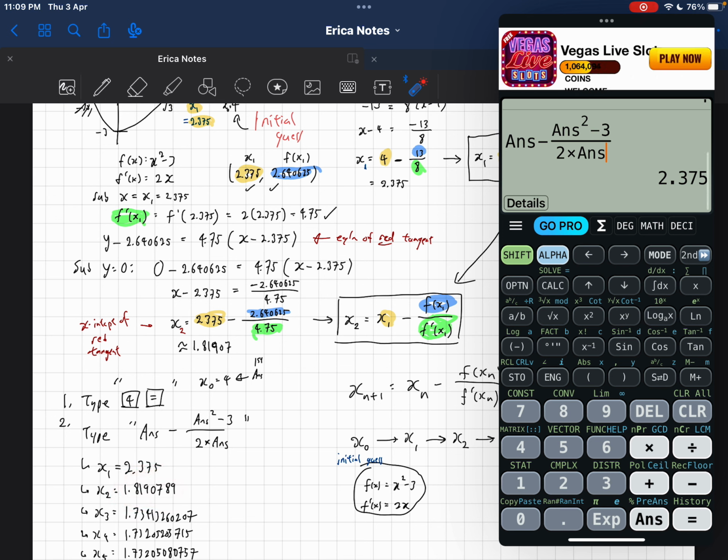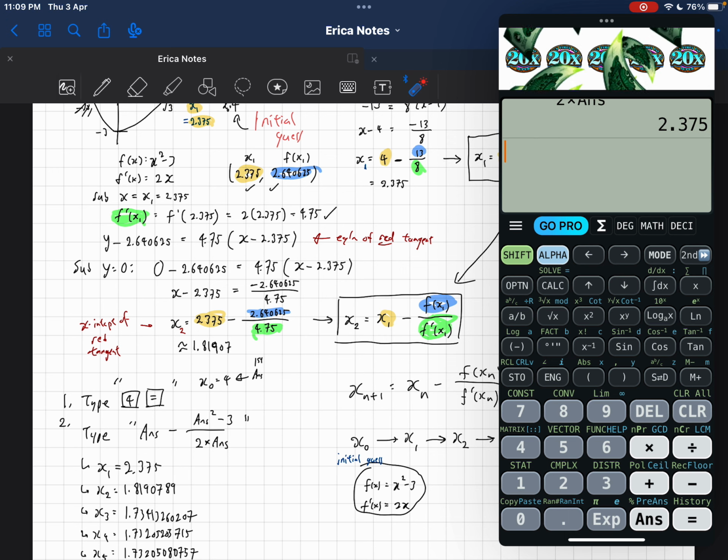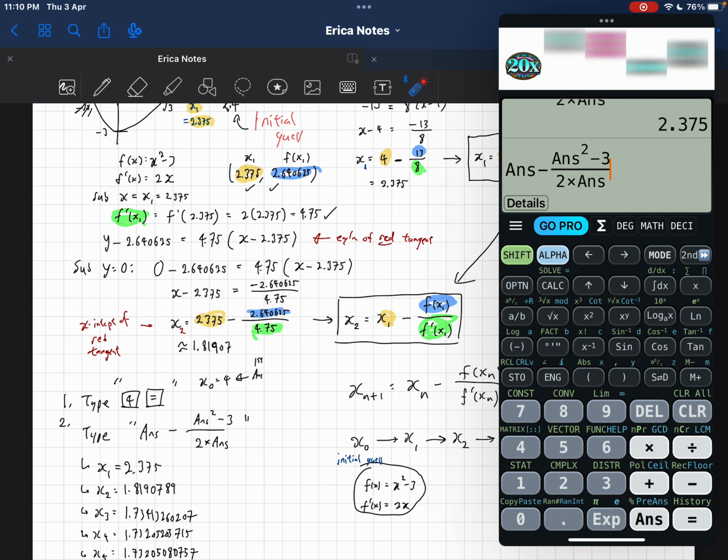Observe what happens. I press equal. I press clear. Then now I press up to recycle the same answer, I press left. Then it will display the editing mode. If I press equal again, the ANS will get updated with the previous answer, which is 2.375, which is x1.